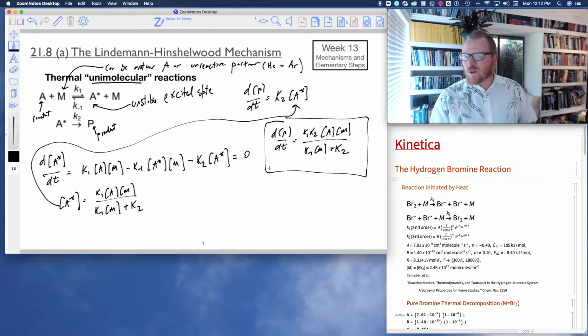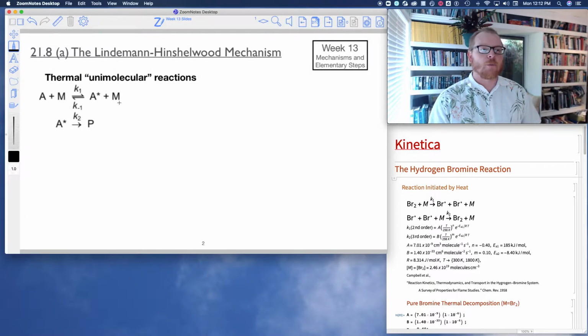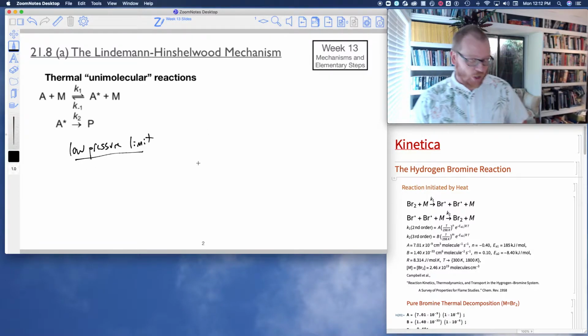If what we're really interested in is the rate of this product formation for a thermal decomposition of something, well, as it turns out, for this reaction there's a low pressure limit as well as a high pressure limit.